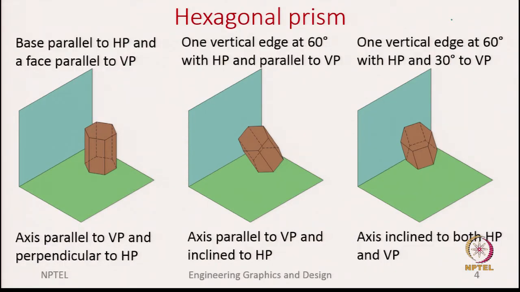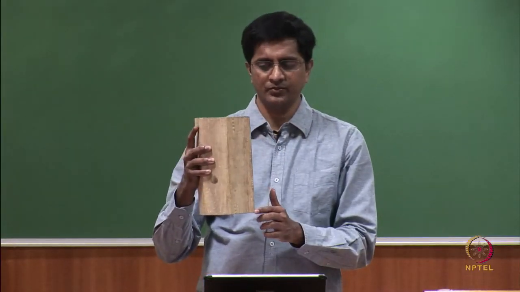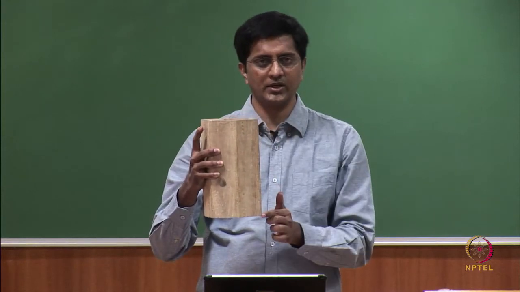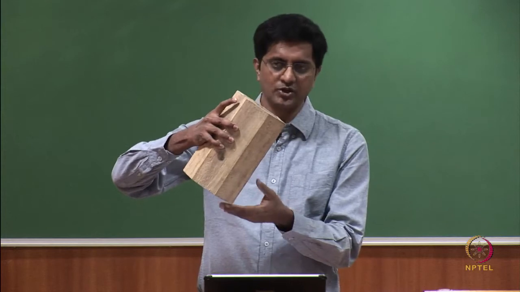Finally, saying that one vertical edge makes an angle of 60 with horizontal plane and 30 with the vertical plane. So, we are defining the whole object using one single edge. Initially this edge is vertical, afterwards it is inclined with horizontal plane.